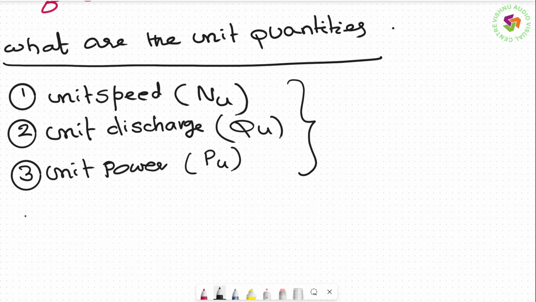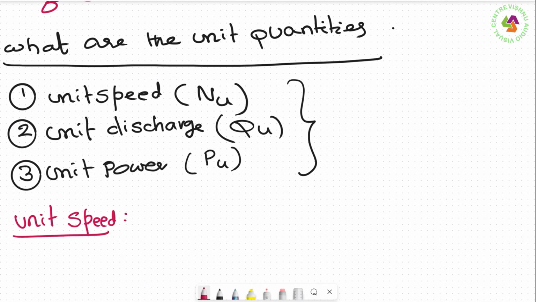Let us take the first one. Sorry, again I said unit head, because my mind always thinks that head is unity. The first one is unit speed.